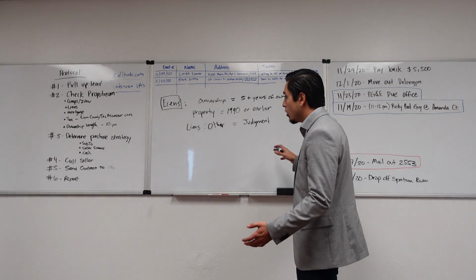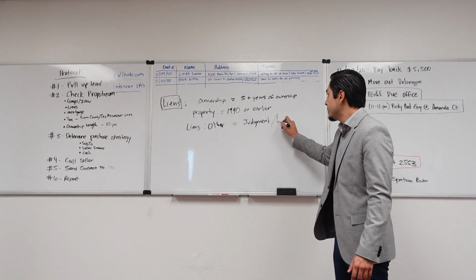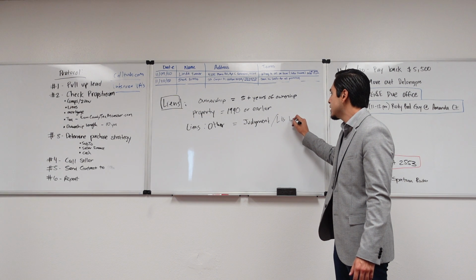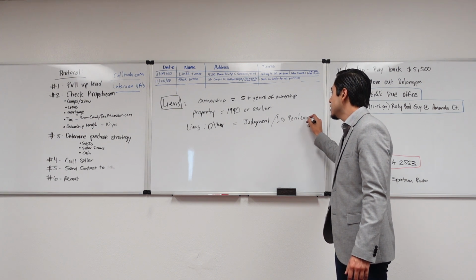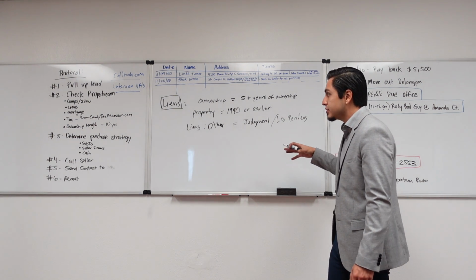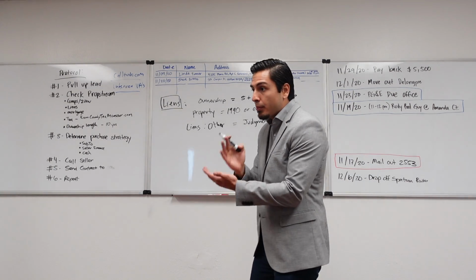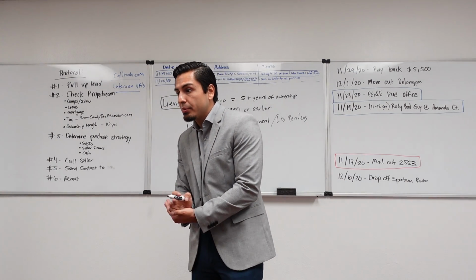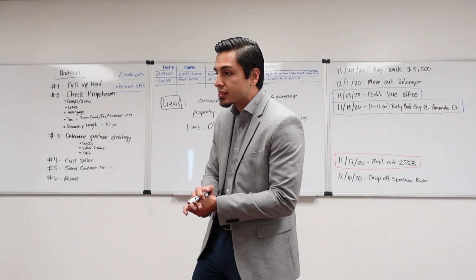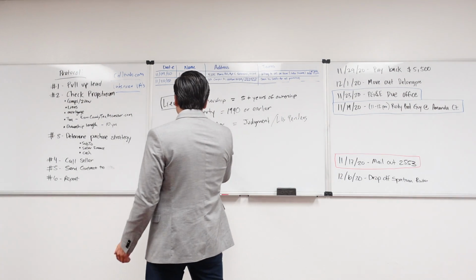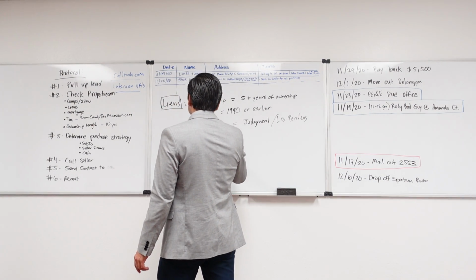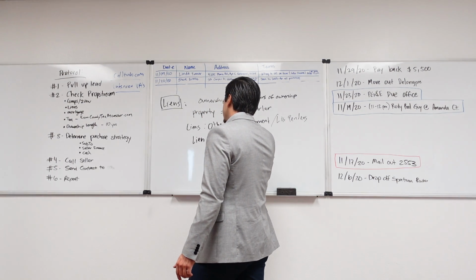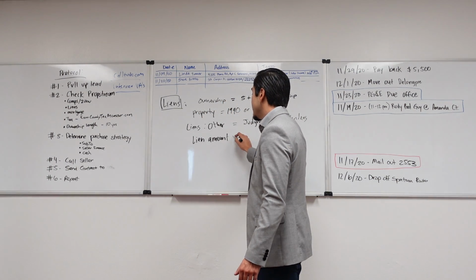It shows all the lis pendens. Yeah, lis pendens. So all the people that are getting bombarded with, hey, you haven't paid this, hey, you haven't paid this. And I like to do the lien amount, because on PropStream you could also choose how much of the lien they owe.